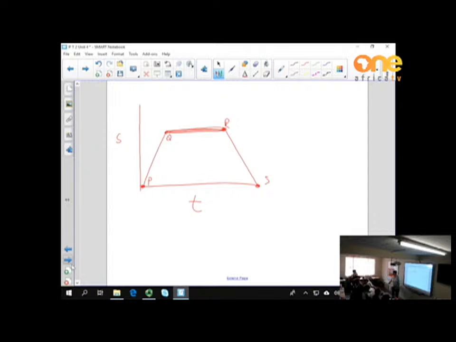Say again. You would have an exponential curve. Remember, this is a distance time.